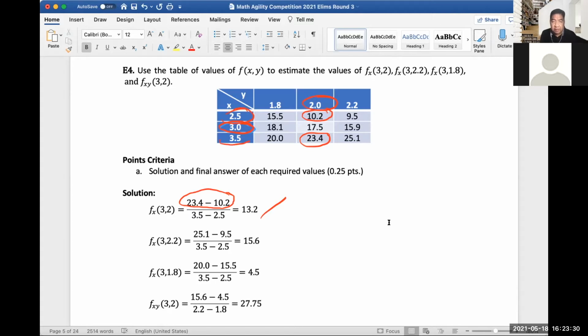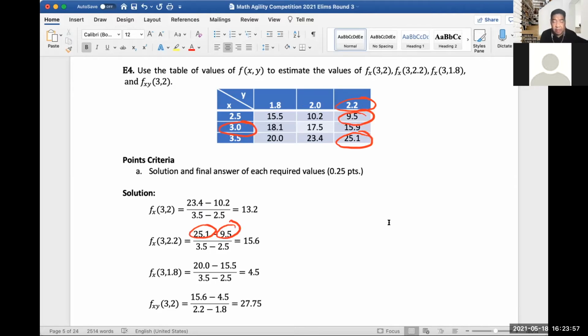And then let's solve now 3 and 2.2. So 3 and 2.2 would be this x value here and 1 here. So the value in between the x value of 3, at the column 2.2, would be 25.1, which is this, and 9.5, which is this.